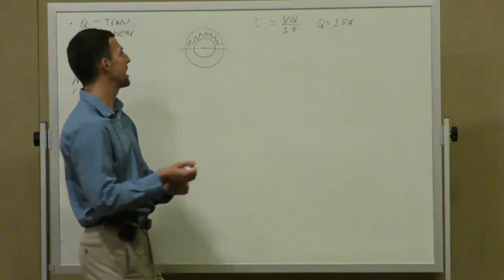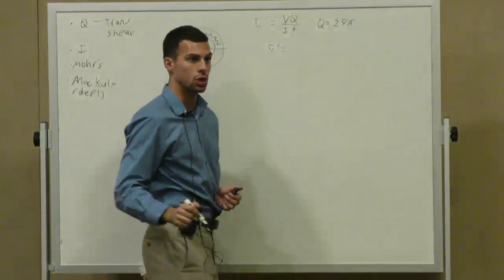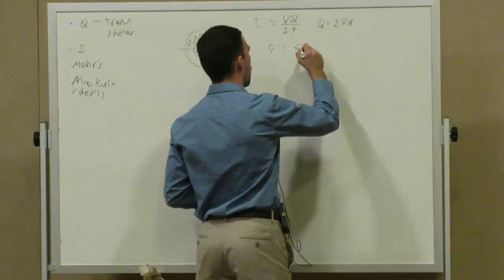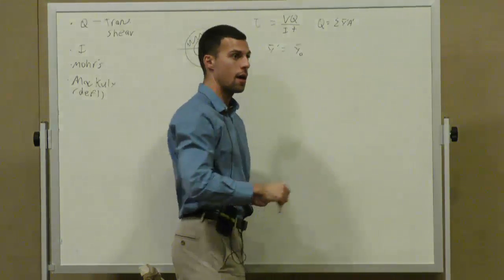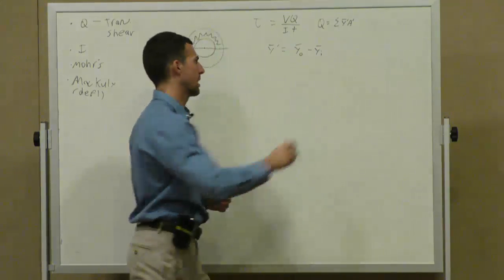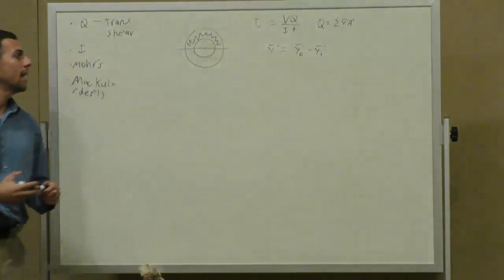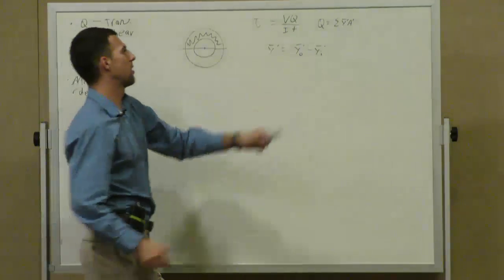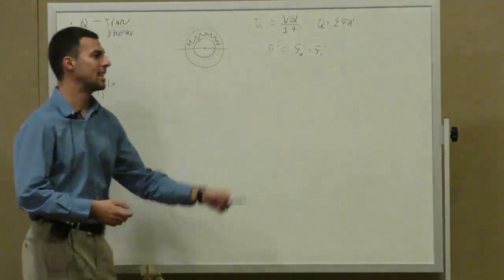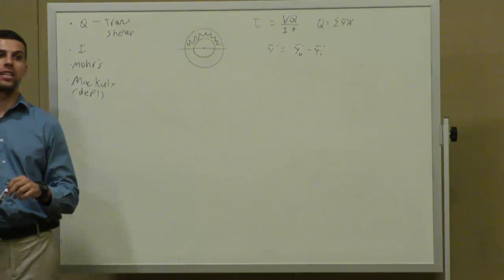So you can say that Y bar prime is equal to the Y bar of the outer ring minus the Y bar of the inner ring. I guess these are technically prime, right? And so that then becomes your Y bar prime in the hollow tube case for transverse shear.